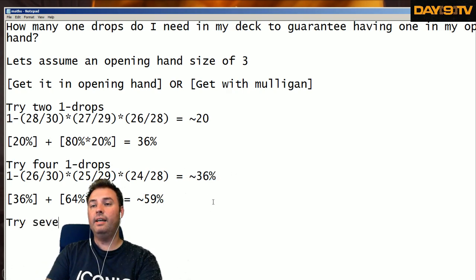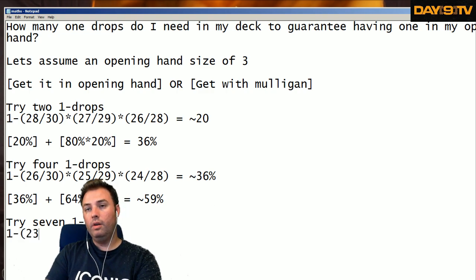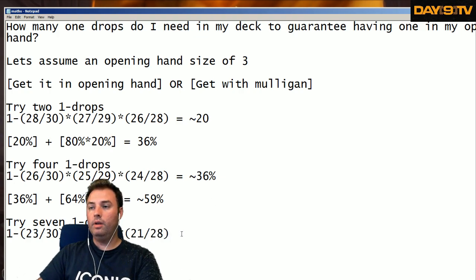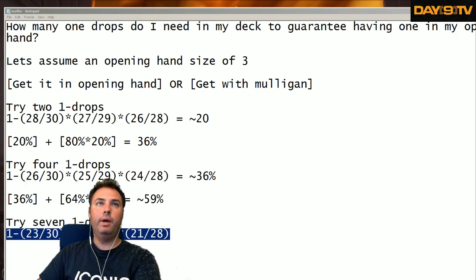Let's try 7 1-drops for sexiness. 1 minus 23 over 30 times 22 over 29 times 21 over 28. Google, cut and paste. Let me know how that is.